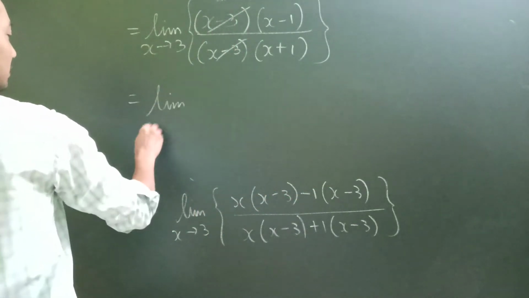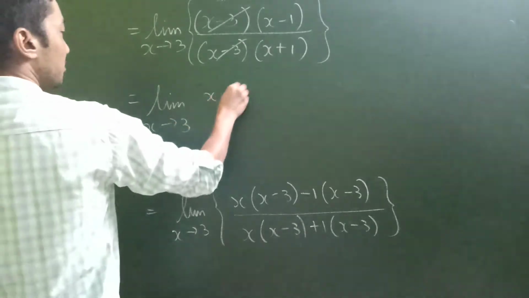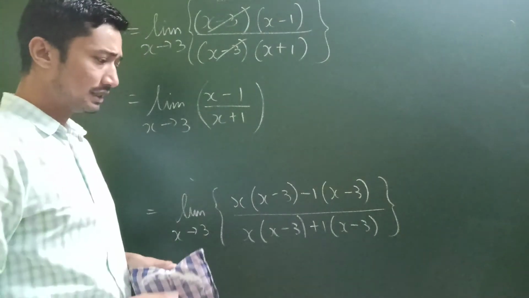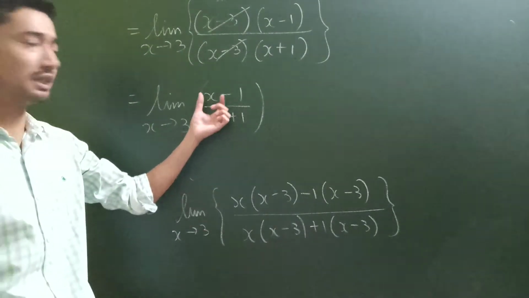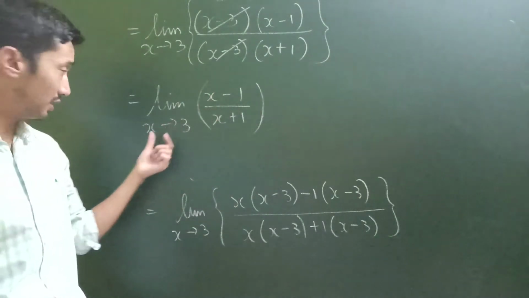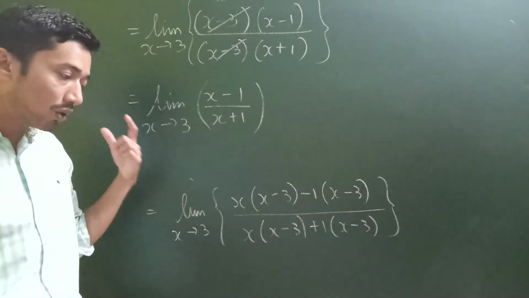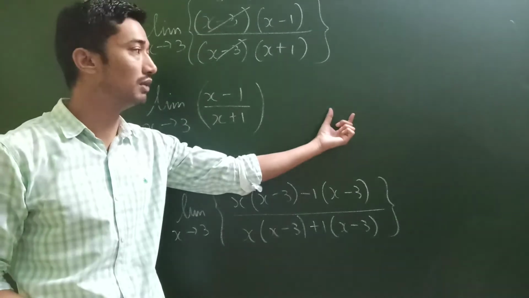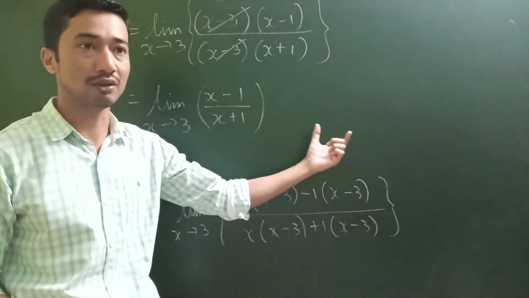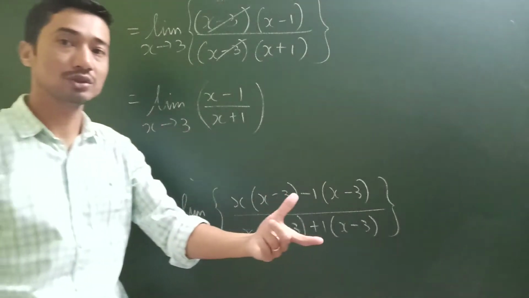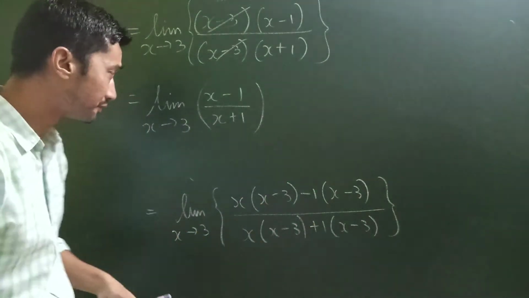The limiting value as x tends to 3 of (x minus 1) by (x plus 1). See, you just cannot take the value of the limit out of the variable concerned. You can only do that when that particular value is not going to be affected at all by the change in x. We will come across those kinds of problems, alright?